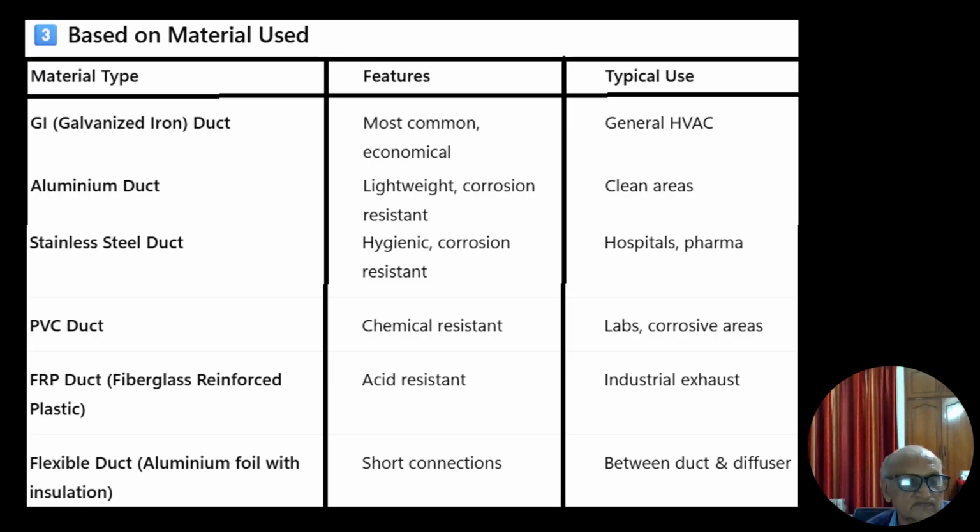Then comes flexible duct, aluminum foil with insulation, used in short connections between duct and diffuser.